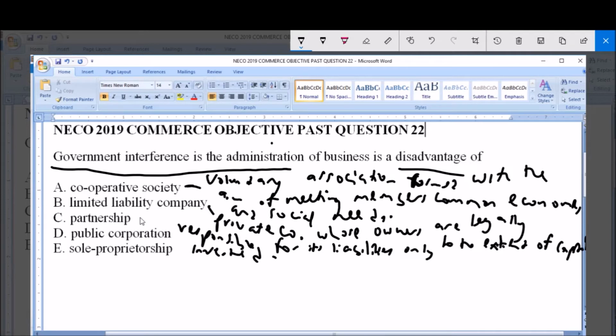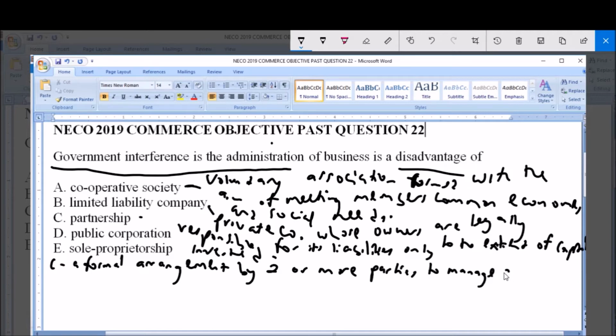Now option C, which is partnership, is a formal arrangement by two or more parties to manage a business and share its profits.